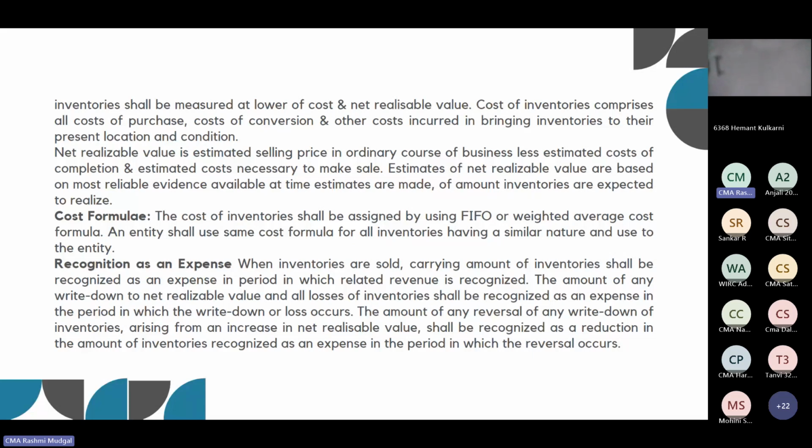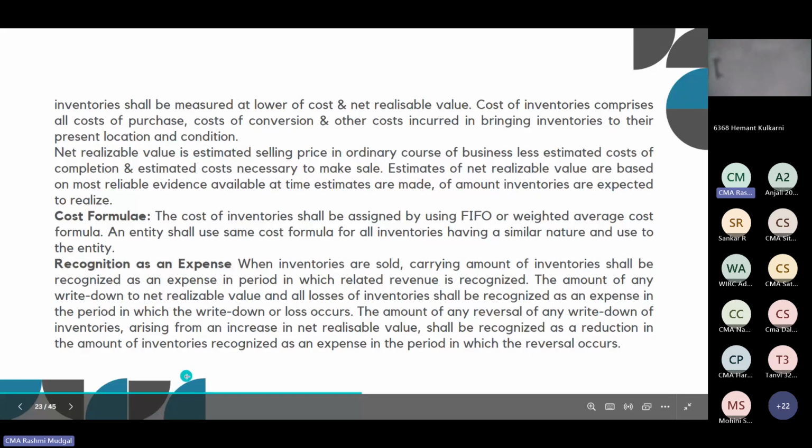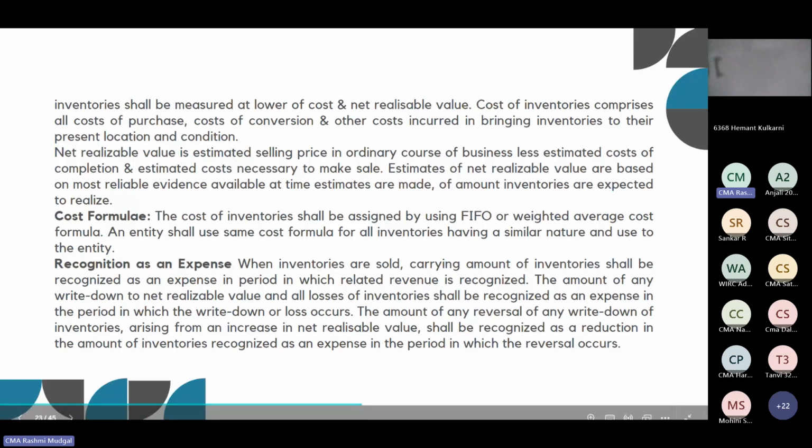The amount of any write-down to net realizable value and all losses of inventory, whether normal loss or abnormal loss, shall be recognized as an expense in the period in which the write-down or loss occurred. The amount of any reversal of any write-down of inventory arising from an increase in net realizable value shall be recognized as a reduction in the amount of inventory recognized as an expense in the period in which the reversal occurs.